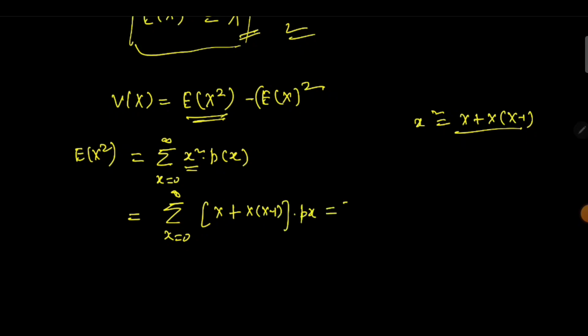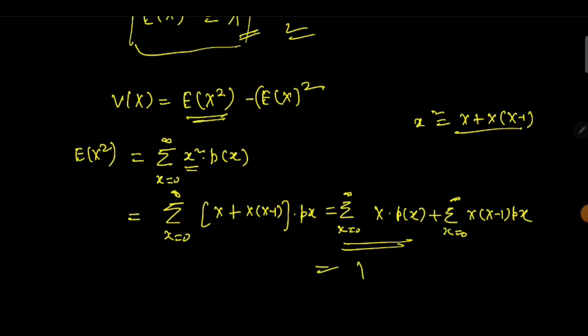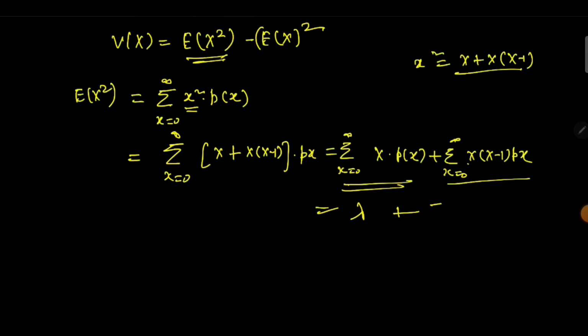If we open this, we get the sum from 0 to infinity of x into p of x, plus the sum from 0 to infinity of x into x minus 1 into p of x. From the equation we calculated earlier, we know the first part will yield lambda. For the second part, we write the sum from 0 to infinity of x into x minus 1 into the probability mass function, e to the power minus lambda, lambda to the power x divided by x factorial.